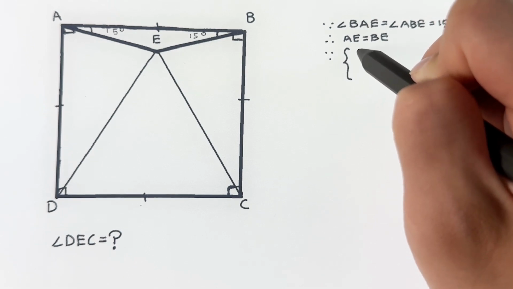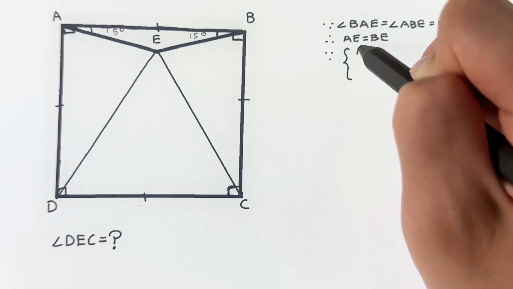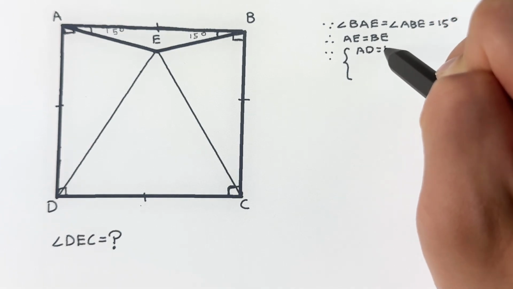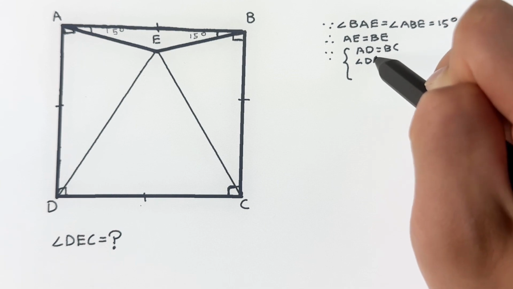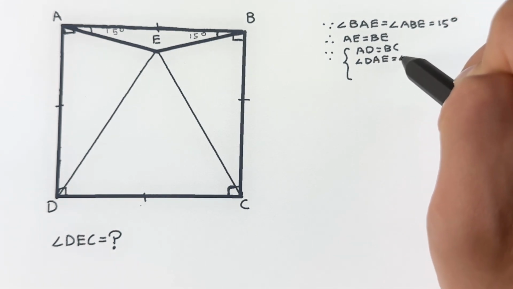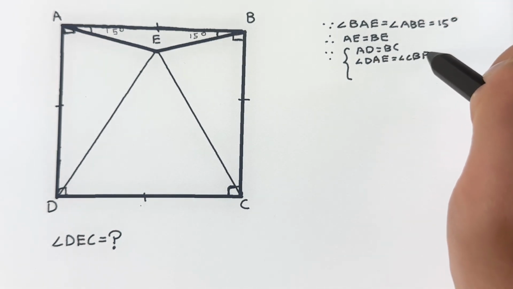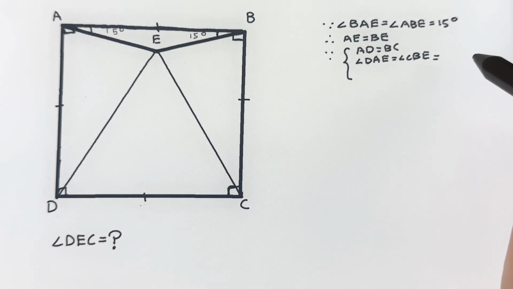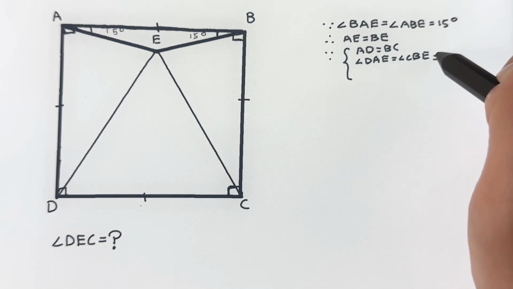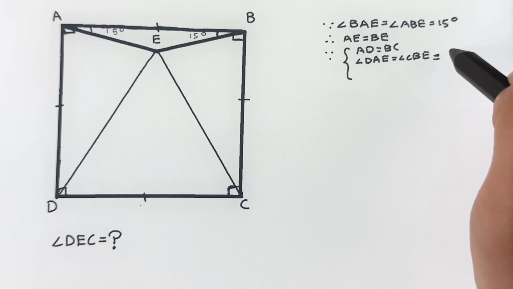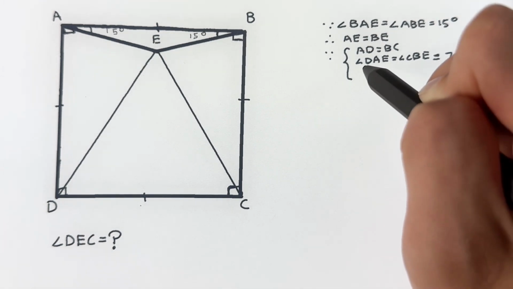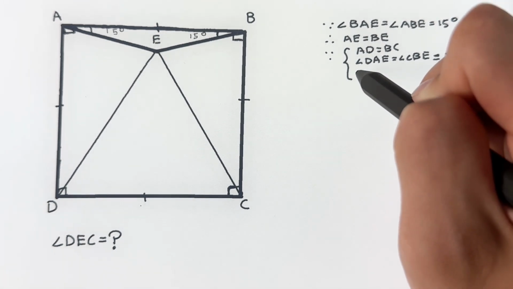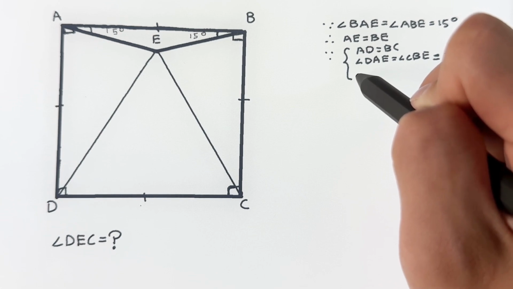Because since AD equals BC, angle DAE equals angle CBE equals 90 degrees minus 15 degrees, which is 75 degrees, and we have AE equals BE.